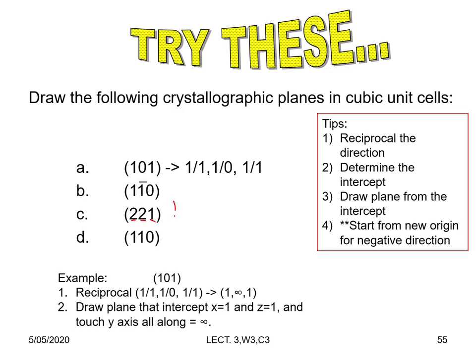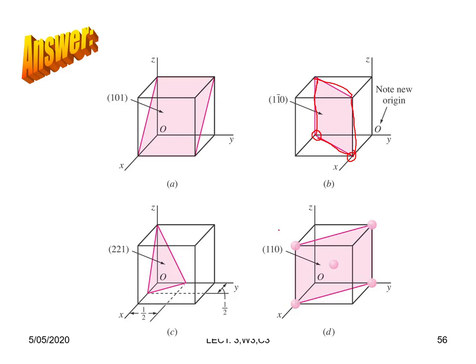So you will get half, half, and 1. The x intercept is at half, the y intercept is at half, and the z intercept is at 1. So this is very simple. You just connect all the 3 points, then you get the answer.